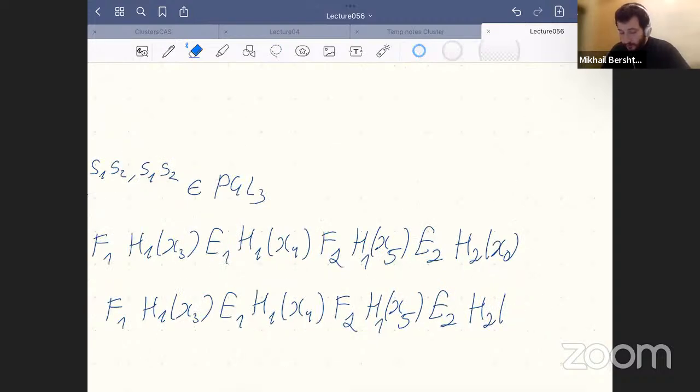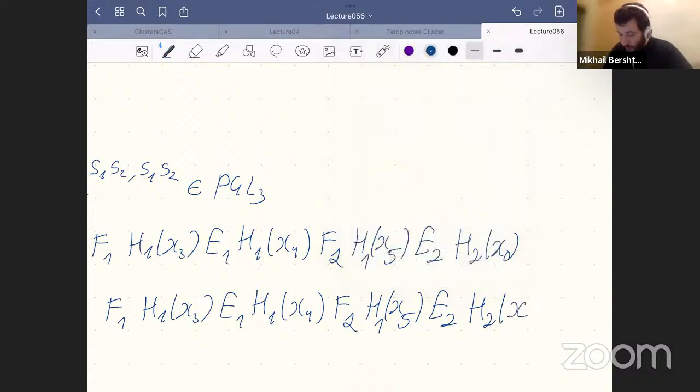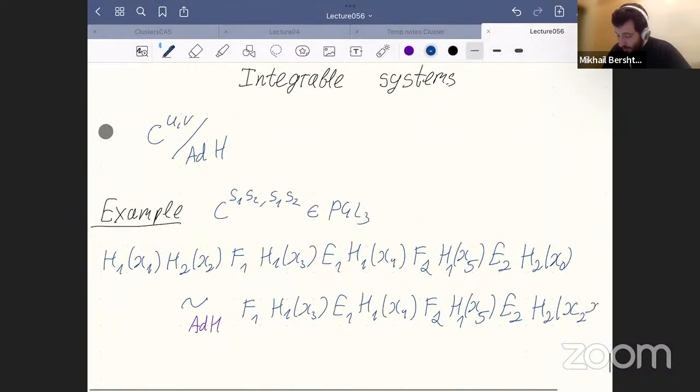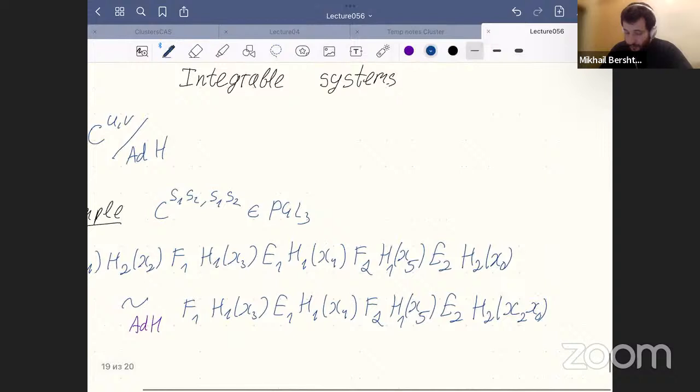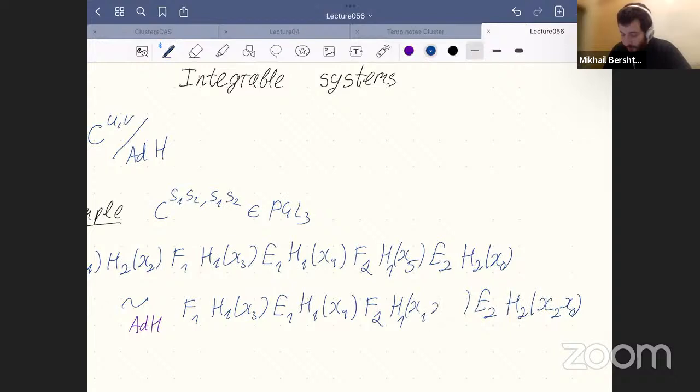So here instead of x6, we get x6, x2, and here instead of x5, we get x1, x5.